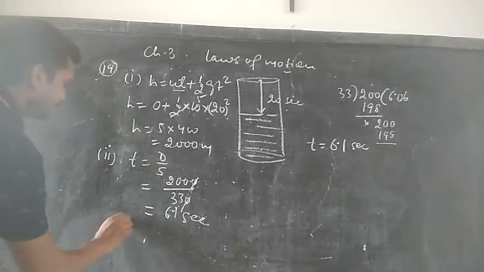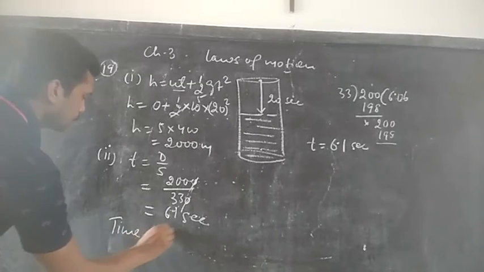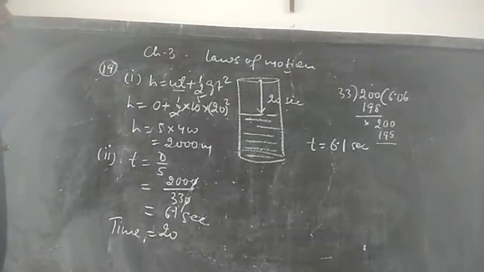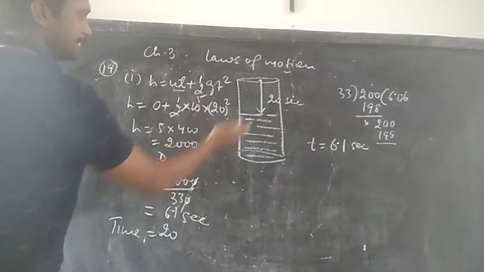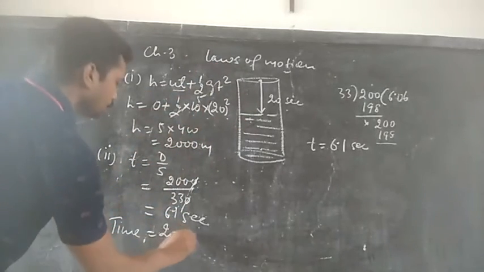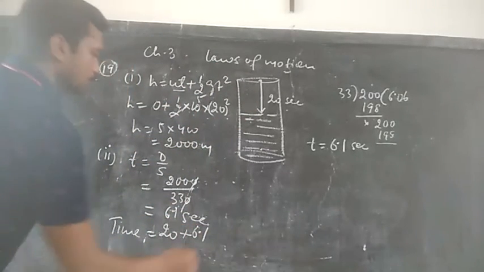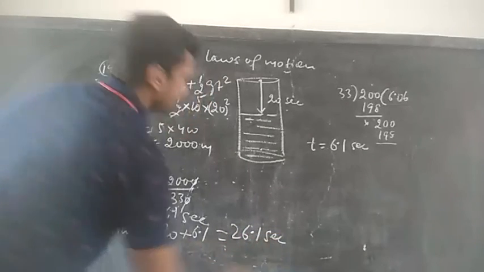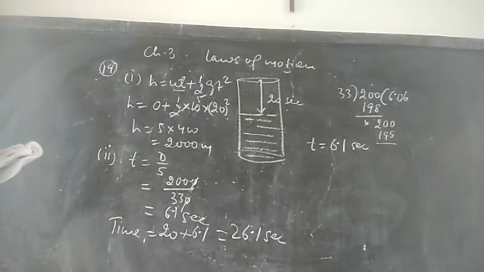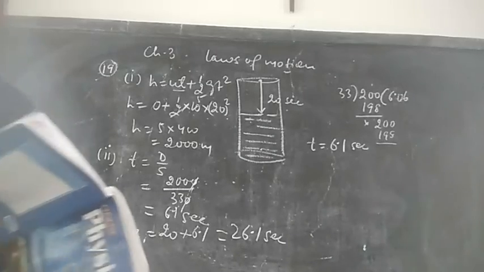So the time will be 20 seconds for the pebble to reach the surface and 6.1 seconds for the echo to be heard. So it makes altogether 26.1 seconds.